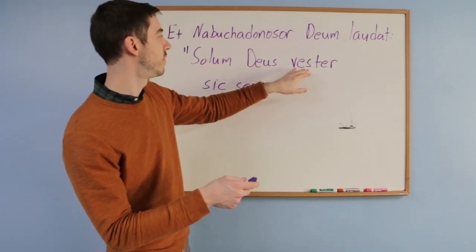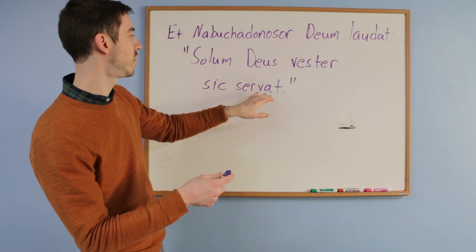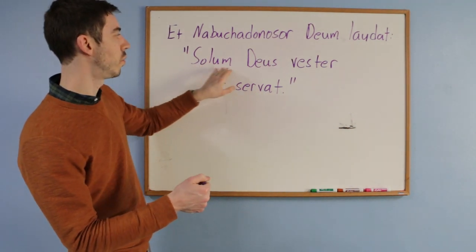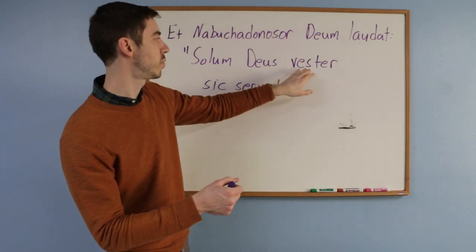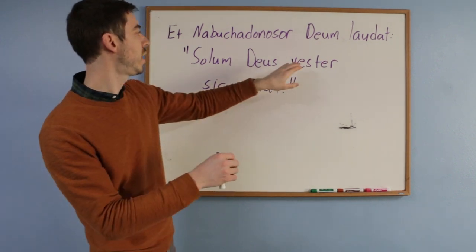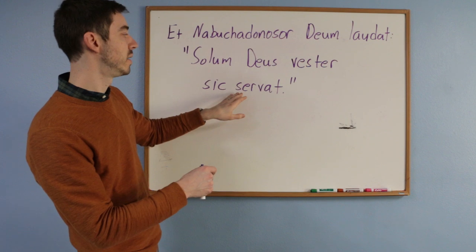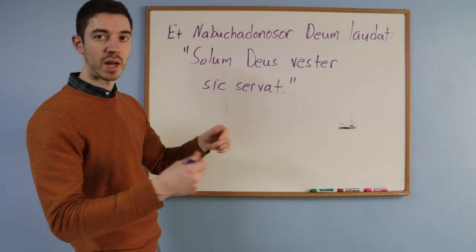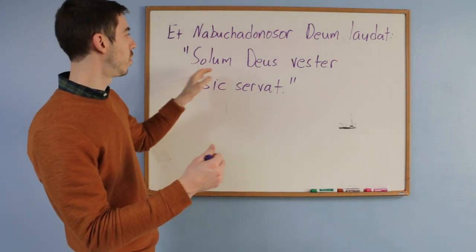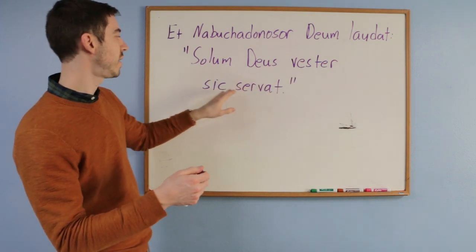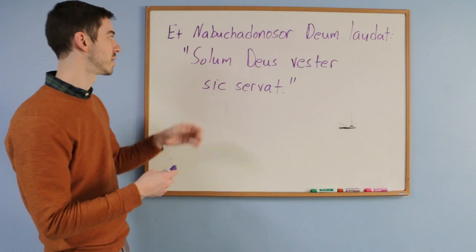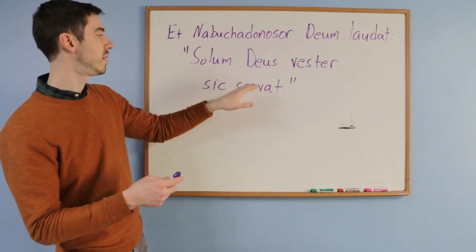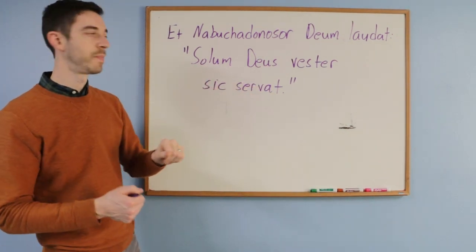Solum Deus vester sic servat. So this means only your God, so vester is a special word that means your, only your God saves, servat means saves, so only your God saves thus. Sic means thus or like this. So only your God saves like this.